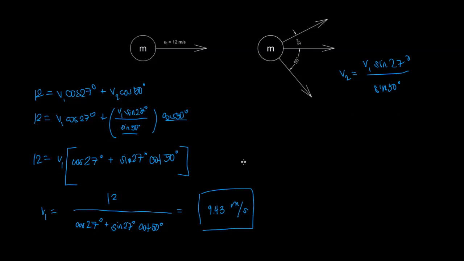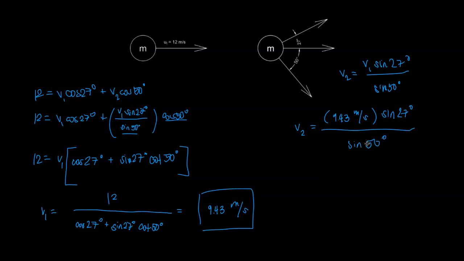And this value of v sub 1 will be substituted here in our expression for v sub 2. So v sub 2 is equal to, ano v sub 1 natin? That's 9.43 meters per second times sine 27 degrees divided by sine of 50 degrees.